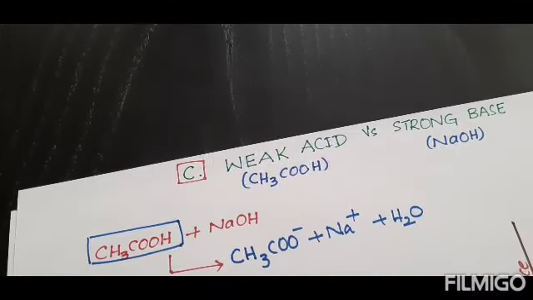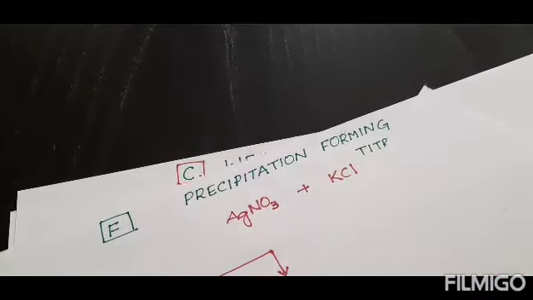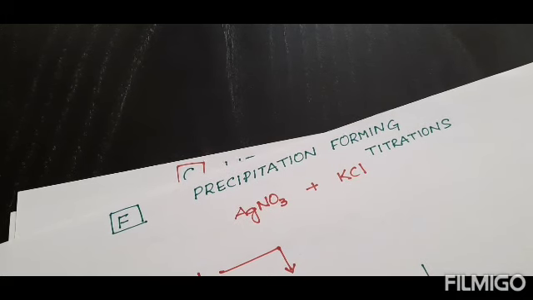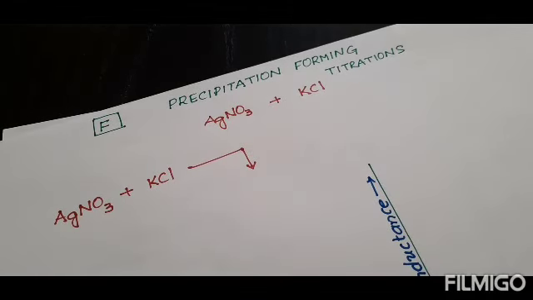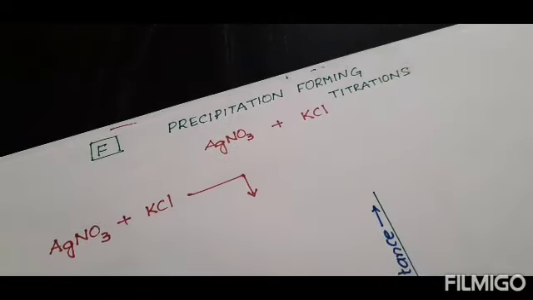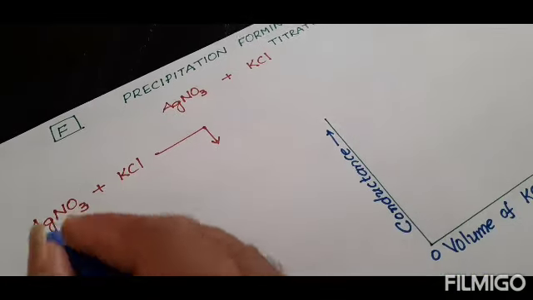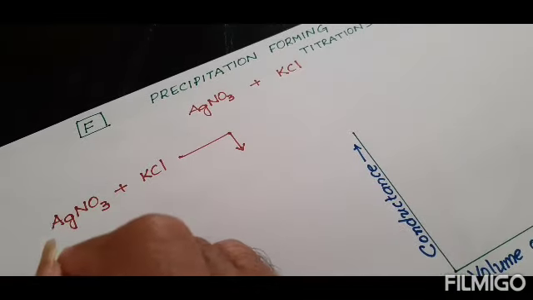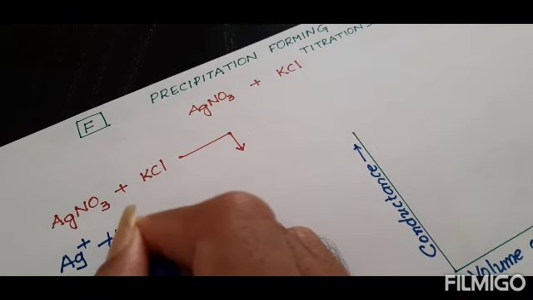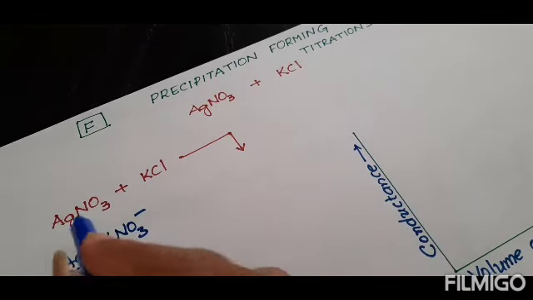And finally, we have taken precipitation forming titrations. Students, here AgNO3 is an electrolyte because it is composed of Ag plus and NO3 minus, right?